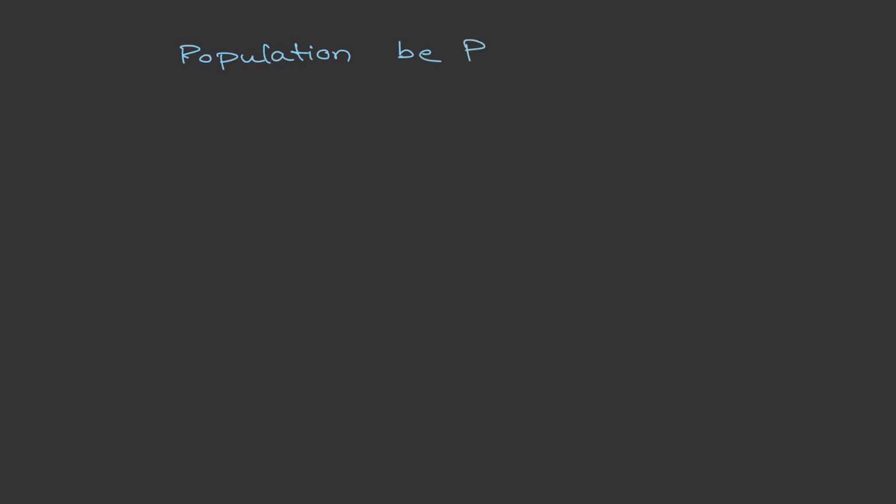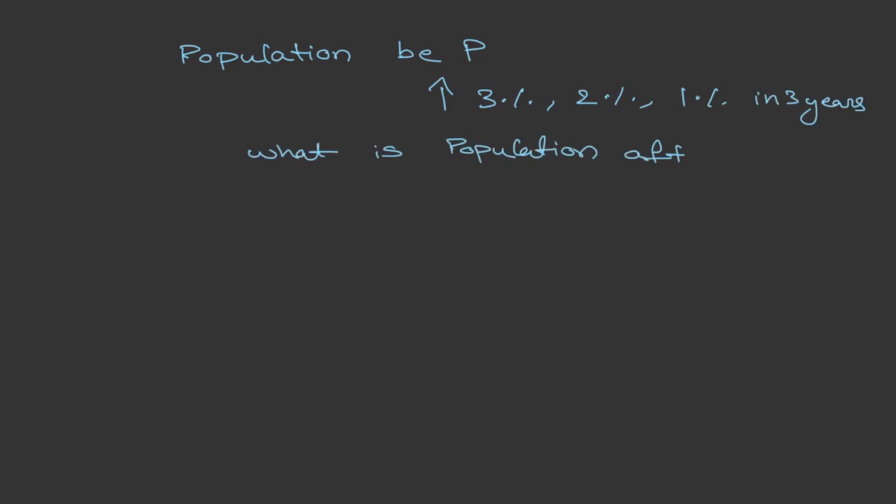Let the population be P and it is increasing at a rate of 3%, 2% and 1% in 3 consecutive years. What is the population after 3 years? This is given by the same formula but a bit changed. The original formula is P into (1 plus R by 100) whole power n.